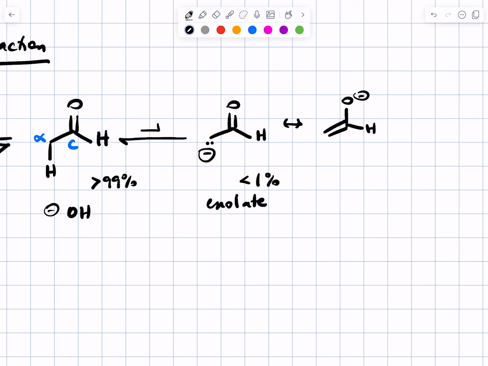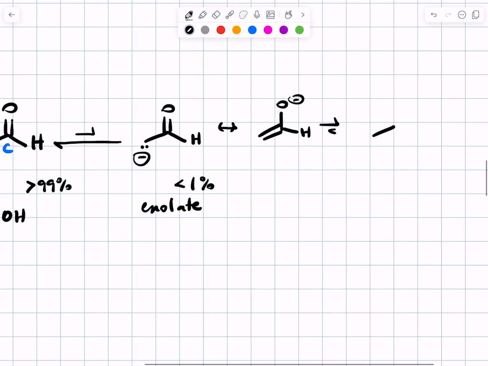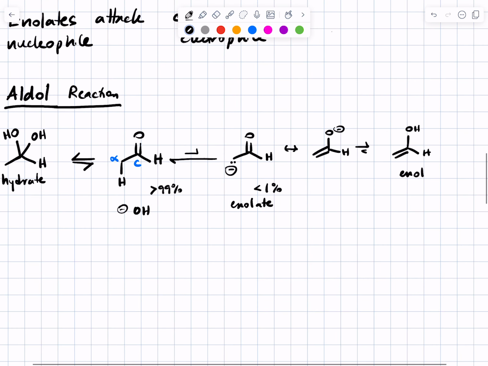And we've shown that you can protonate on the enolate oxygen to get the enol tautomer of the original aldehyde. And the enol tautomer is, as we've said, less stable than the keto form. Now, all of that's review.